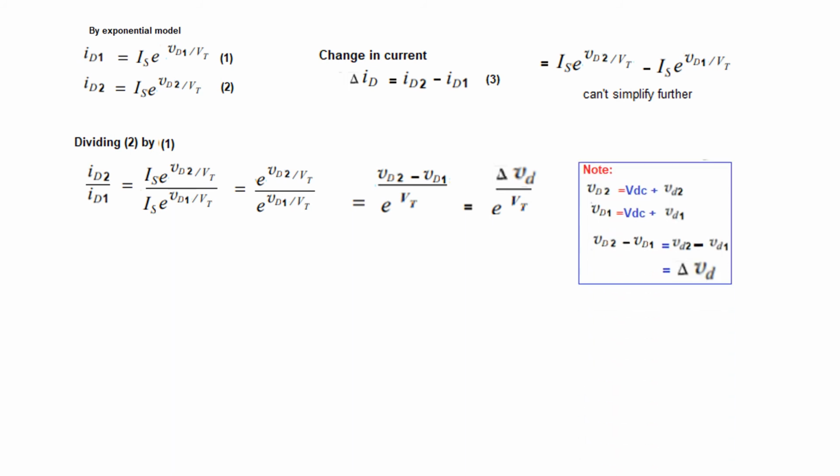And from here, actually this is an explanation: you can see these are the AC/DC terms, and by subtracting we were cancelling the DC terms, so all we are left with is the AC term, delta Vd.